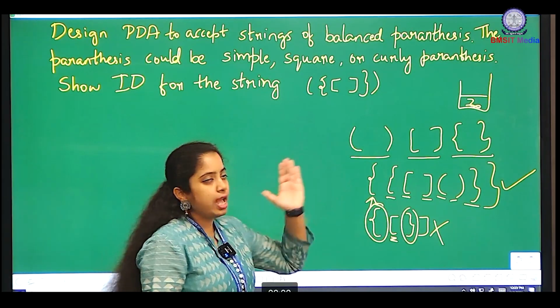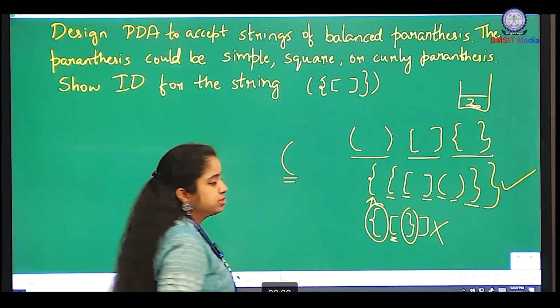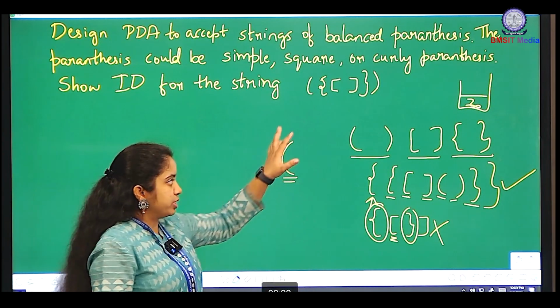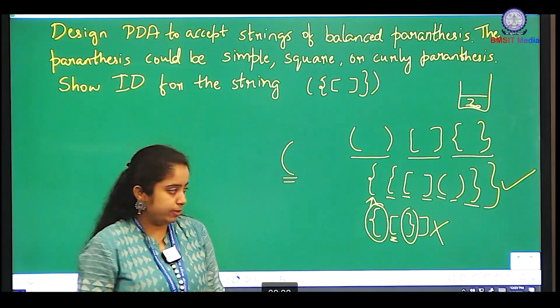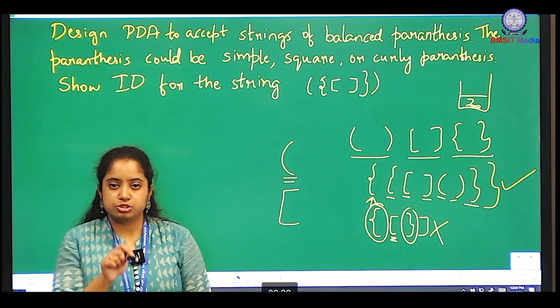So you should simply accept it. What if your first input symbol is a simple parenthesis? Again you have to accept that as well. What if it is square? Square also has to be accepted.